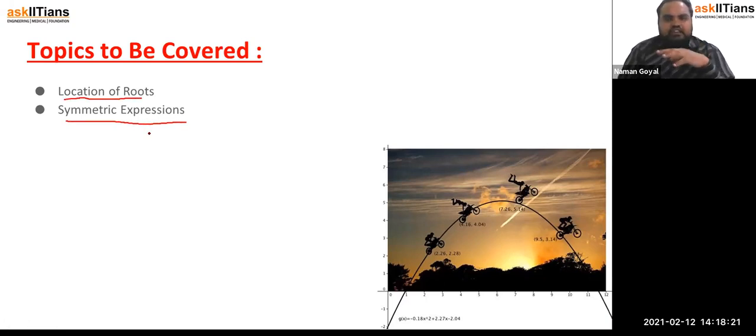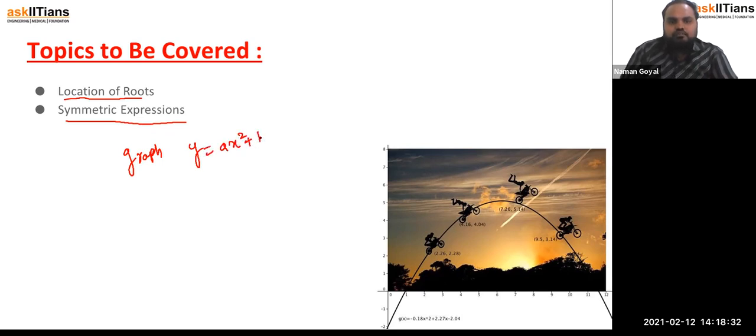See, basically in the previous lecture we learned about the graphs of quadratic polynomials or quadratic expressions. So for y equals ax square plus bx plus c, what is the graph of this polynomial? This is a quadratic polynomial.